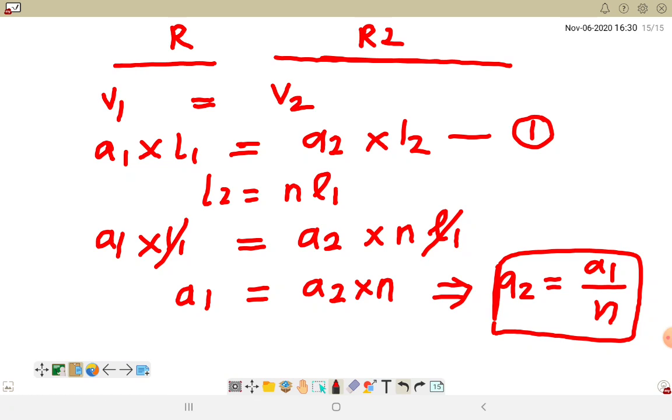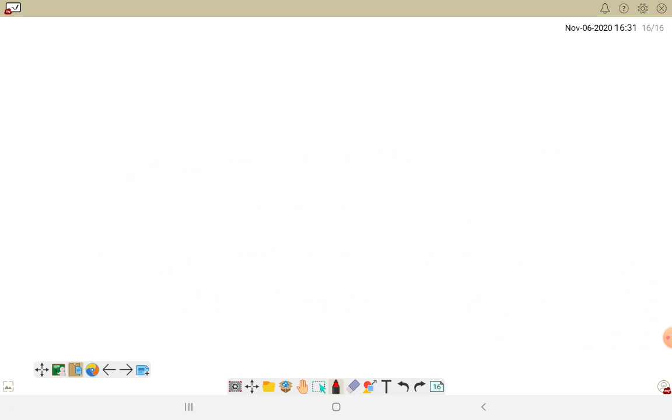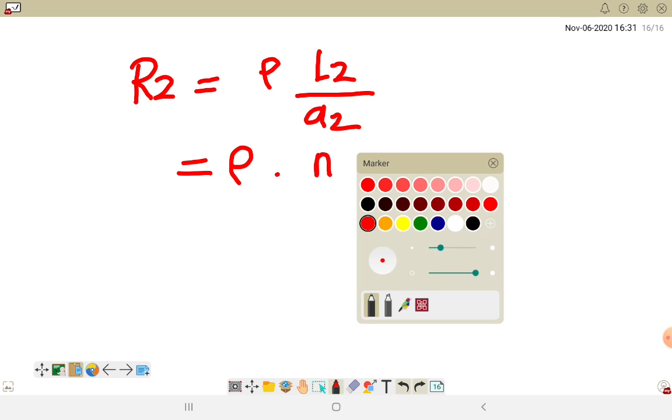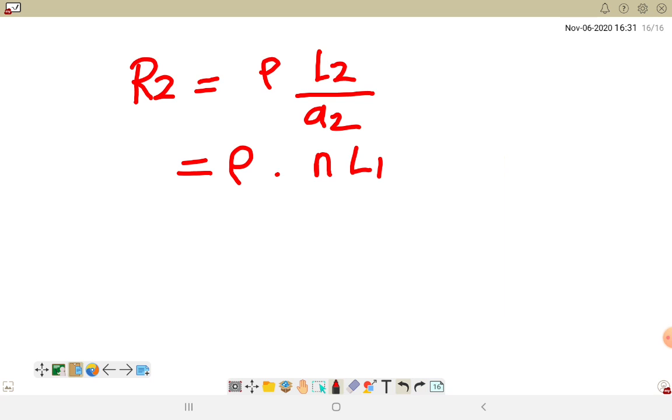Now I am going to find out the new resistance. New resistance R2 equal to rho into L2 by A2. What is L2? n into L1. And what is A2? A1 divided by n.